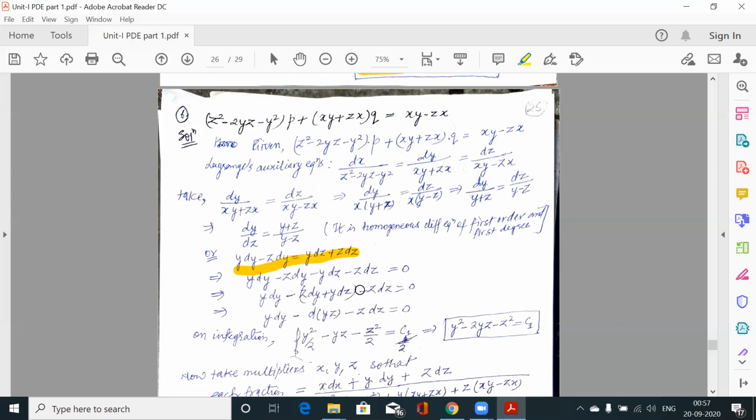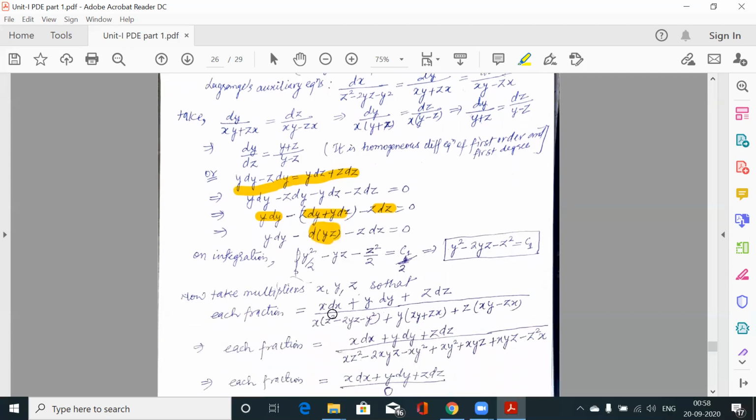So this z dz is integrable, y dy is integrable, and this is z dy plus y dz. We can write it as d of yz, the exact differentiation of yz. So by making the integration now, this is y square by 2, this is yz, and this is z square by 2 is equal to c1. So we get the value of the first integration.